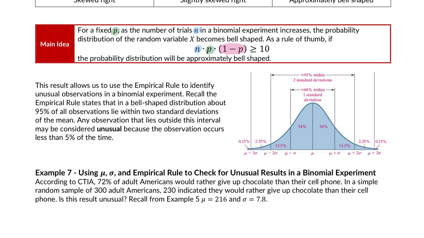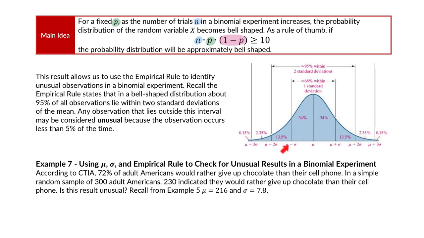What is the empirical rule? Do y'all remember this guy? Unfortunately. This is the empirical rule. It helps us determine, eventually, what is considered to be unusual. What's the number we've been using for unusual? 5%. Something that is bell-shaped will be considered unusual if it is outside of 2 standard deviations, because 95% of all the observations are going to lie within 2 standard deviations.